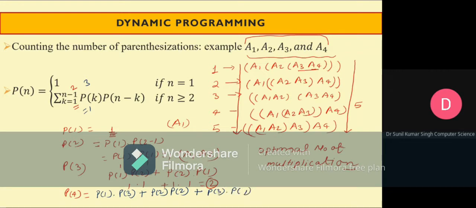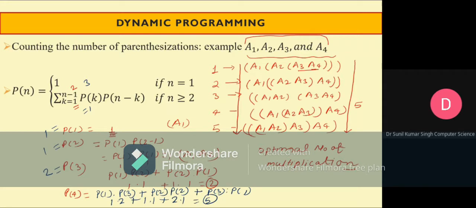We know P of 1 is 1, P of 2 is 1, P of 3 is 2. Now substitute the values. You will get 1 into 2 plus 1 into 1 plus 2 into 1, that is 5.